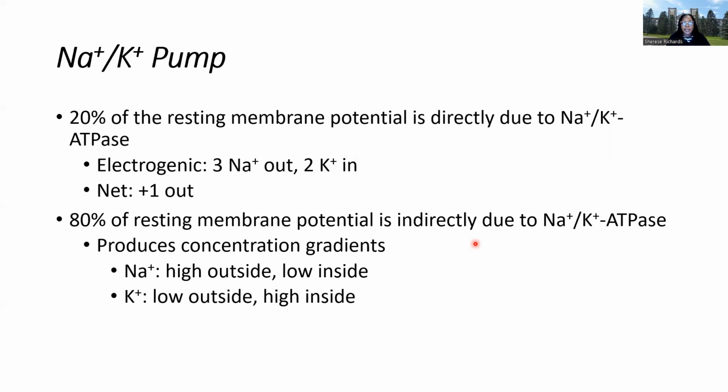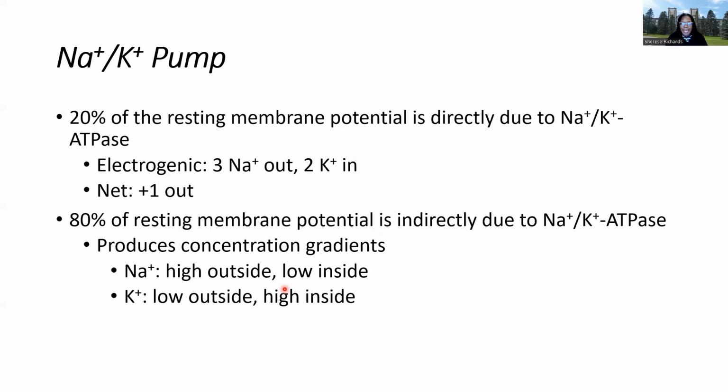All right? The same is true for potassium. Because the sodium-potassium pump is pumping 2 potassiums into the cell and 3 sodiums out, there's now a potassium gradient because there is more potassium on the inside and less potassium on the outside. So potassium now wants to passively leak down its concentration gradient from the inside of the cell to the outside of the cell.